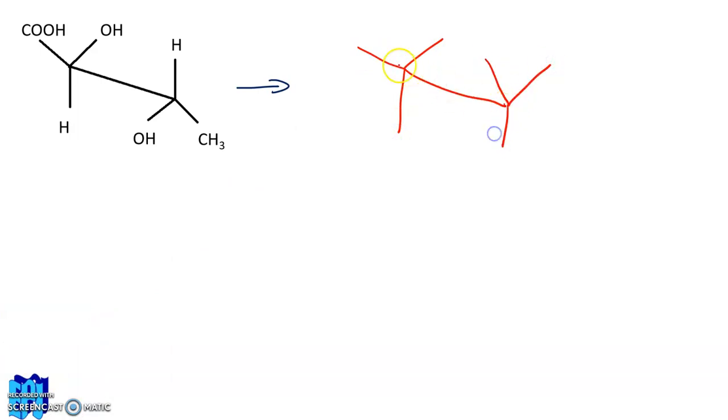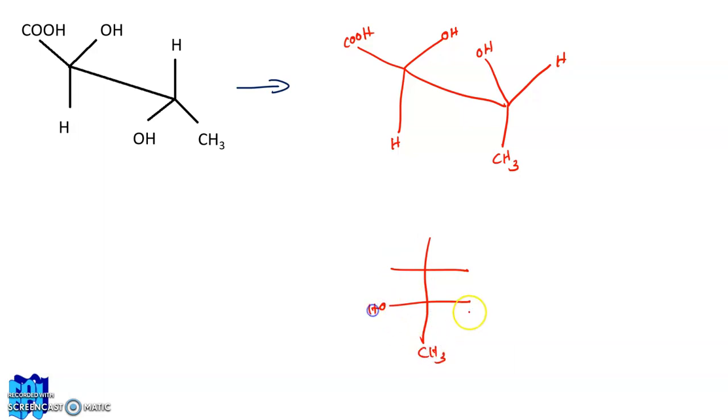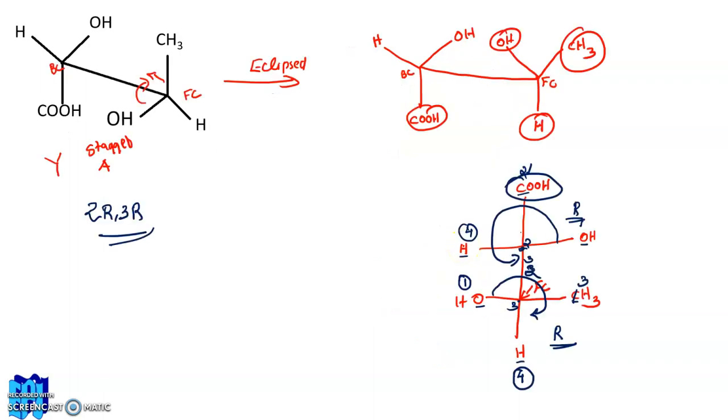The first position COOH, the second is OH and H. If you are rotating, this is the CH3, then top is OH and this is H. Just convert it into this. Front carbon rotated by CH3 and left by OH, right by H. Top by H, left by COOH, right by OH. Right? Is it?